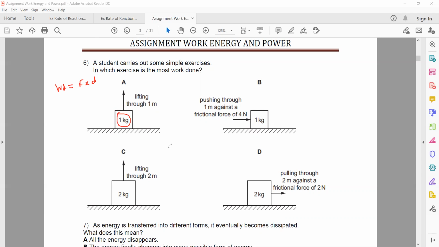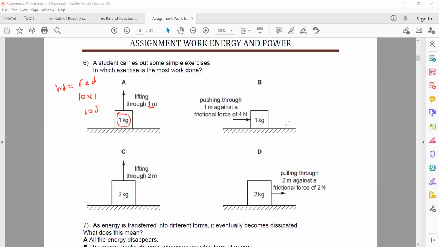Kilogram is a mass. To lift an object, how much force do we have to apply? That's equal to 10. So force is 10 multiplied by the distance we move. We move a distance of 1 meter, so it's 10 multiplied by 1. That's equal to 10 joules. So work done for A is 10.